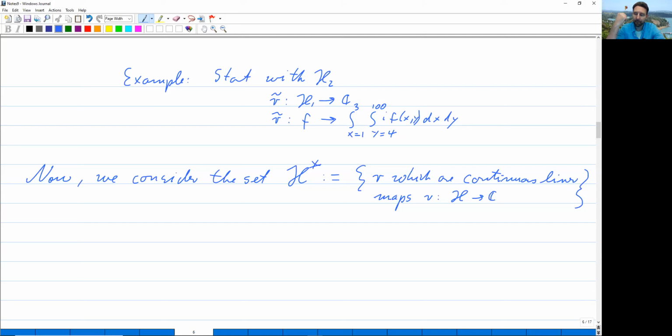And the beauty is that H star is itself a complex vector space. So one can show H star is itself a complex vector space.